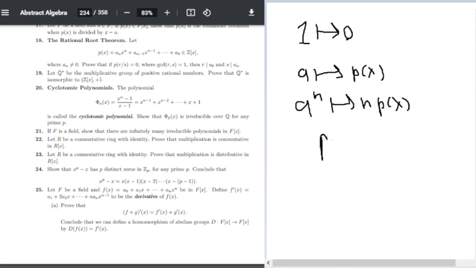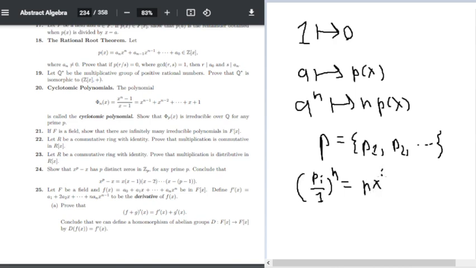So, first of all, list the primes in the list P1, P2, on and on. Start by sending Pi over 1 to the n is equal to n times x to the i.